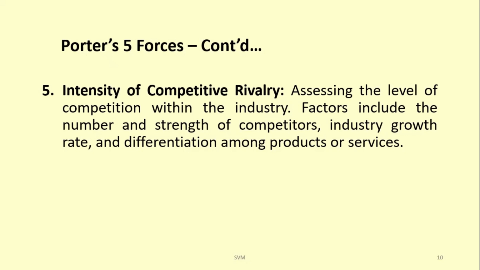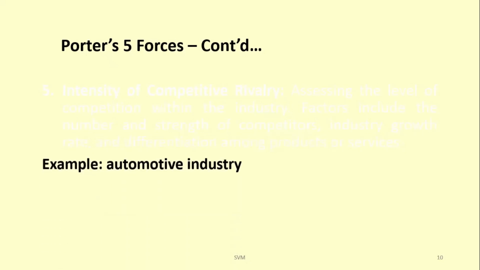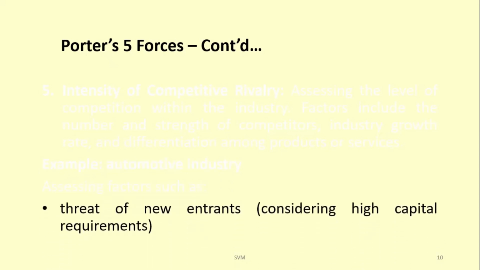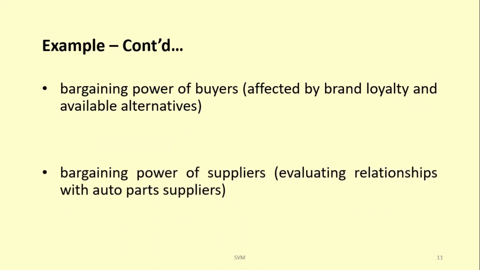Now we'll understand these 5 forces with an example. Again, we are considering the automobile or automotive industry only. We will assess the factors such as threat of new entrants, considering the high capital requirements for the automotive industry. Bargaining power of buyers may be affected by brand loyalty and available alternatives.